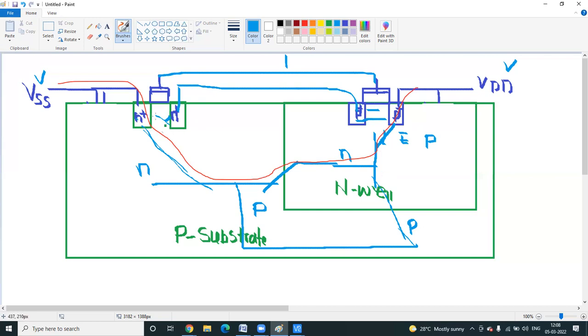There is a PNP BJT here and an NPN BJT here. N plus is highly doped, and the P substrate and N well are both lightly doped. Due to the doping, current flows when you apply some external voltage. I need to tell the second condition also.